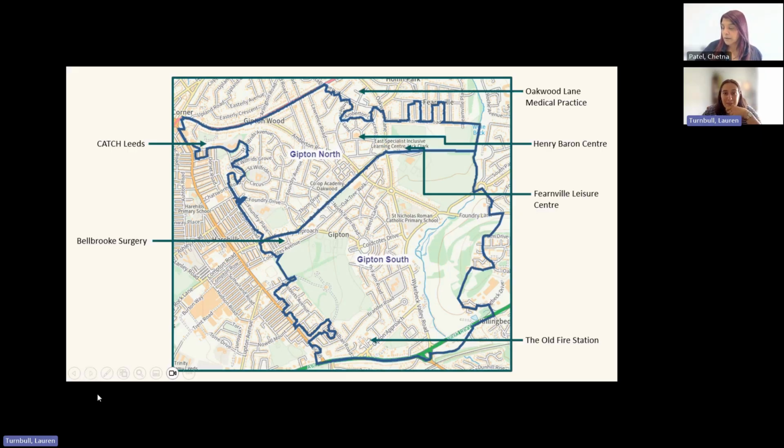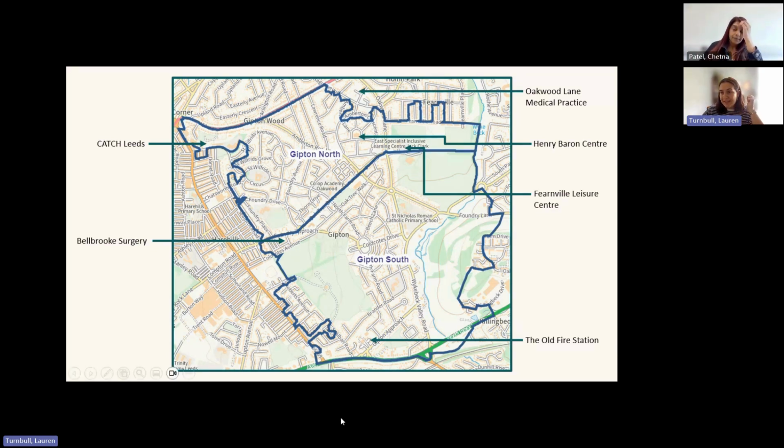Today I'm going to talk about Gipton as a whole, recognizing that lots of people will work across the whole area, but I'll try and pull out where we found real differences between Gipton North and Gipton South, because I think that's one of the real benefits of this, that it starts to help us look into the distinct communities and where we might need to focus different areas of work for Gipton.